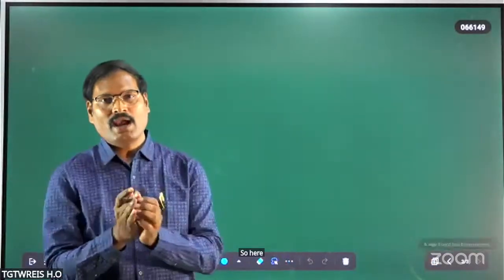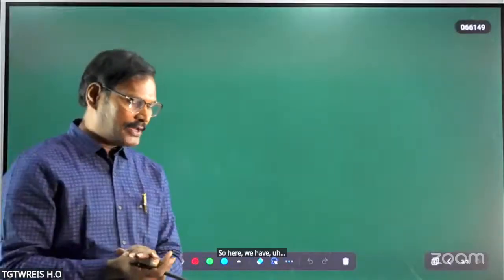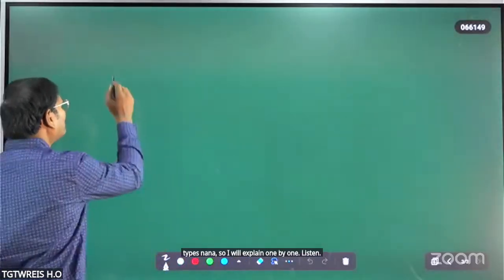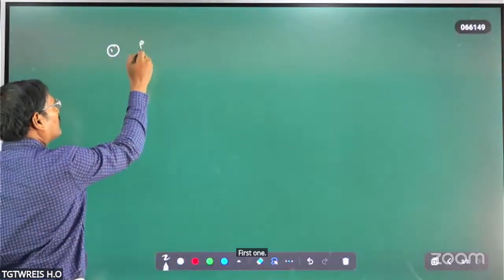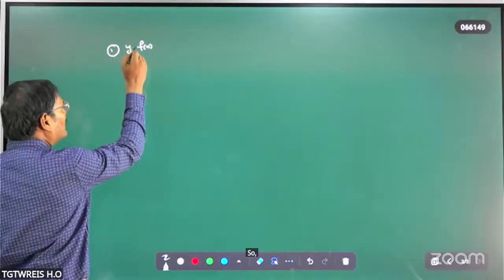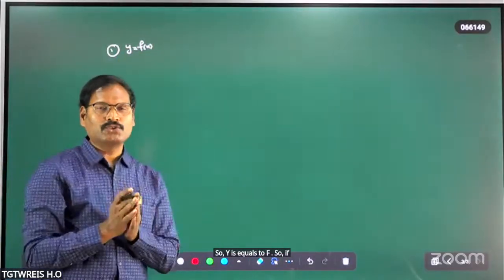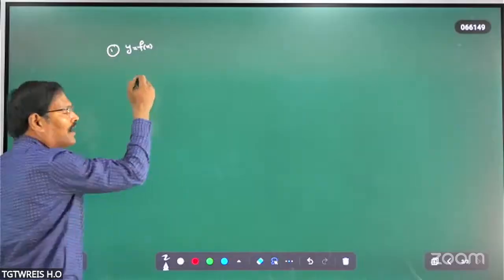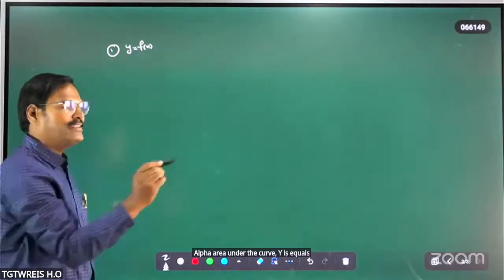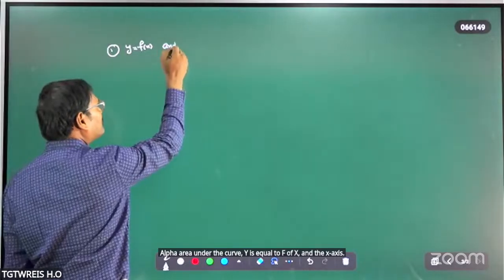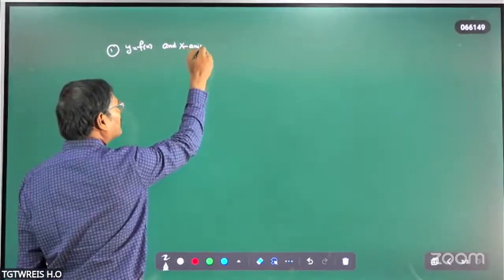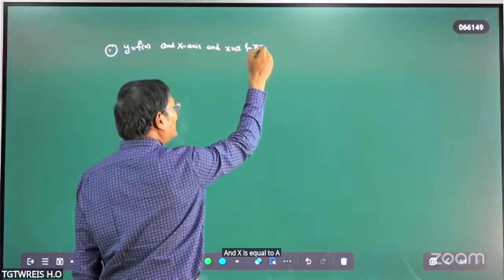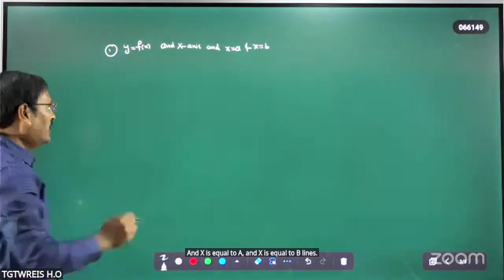So here we have different types. I will explain one by one. Listen. First one. So y is equal to f of x. If we want to find out the area under the curve y is equal to f of x and the x-axis, and the lines x is equal to a and x is equal to b.